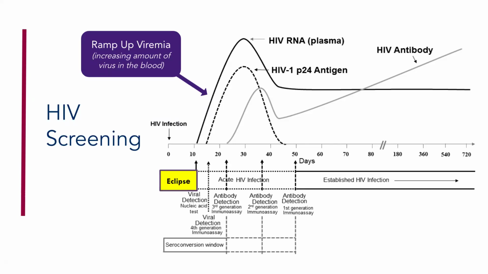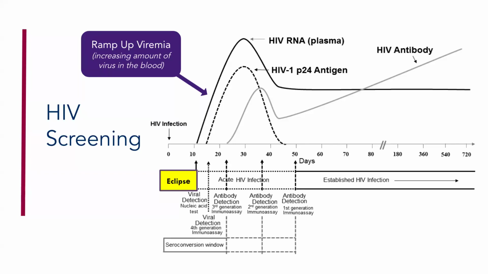And you can see that the P24 antigen follows a similar pattern as the viral load, at least initially. So when you're doing the screening algorithm using the antigen antibody test, it's the P24 antigen that you're testing for, and that's going to become positive somewhere between 10 and 21 days post-exposure, after someone has been exposed and become infected.